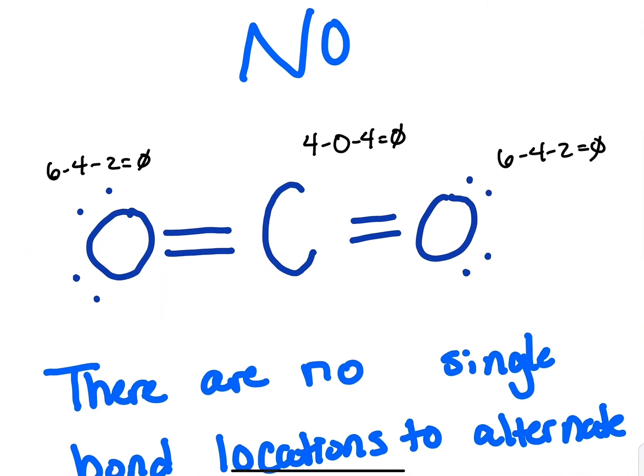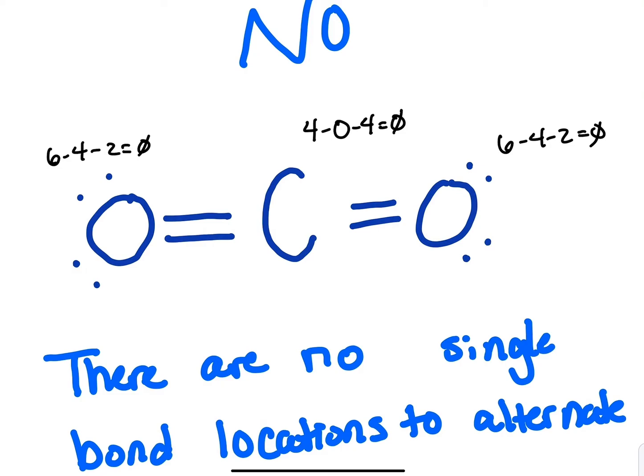Hopefully you're starting to kind of get the sense for it. So this carbon right here comes with 4, and he's got 1, 2, 3, 4 things attached. So it's 0. This oxygen came with 6, and it has 1, 2, 3, 4, 5, 6 things attached. And the other oxygen's the same way.